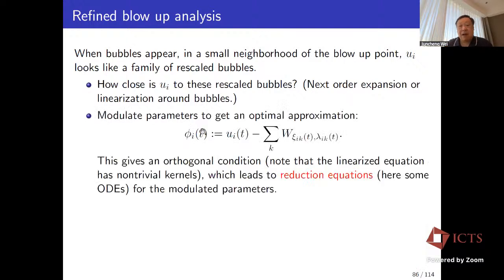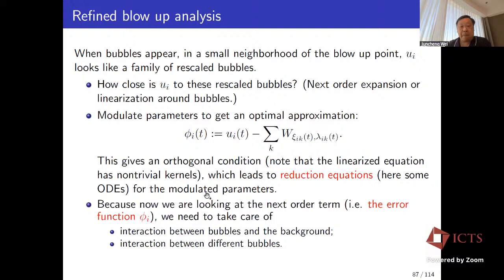And modulo these parameters we can use the H1 and we can get an optimal approximation of the bubbles, okay, and this gives us also an orthogonality condition, which leads to a reduction for the modulated parameters.